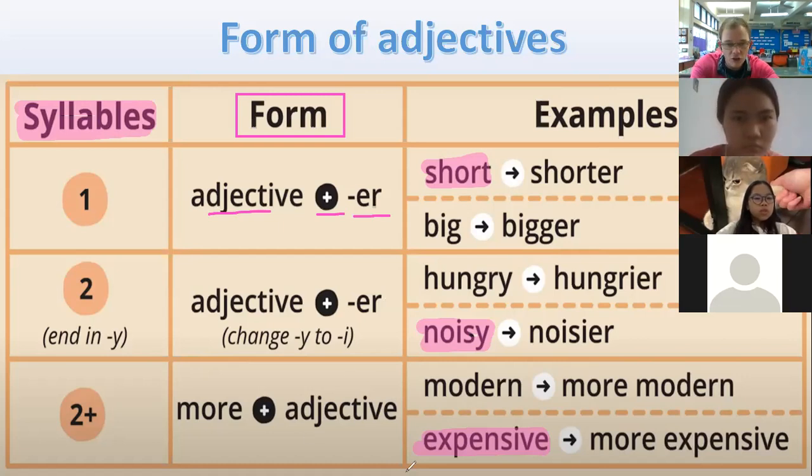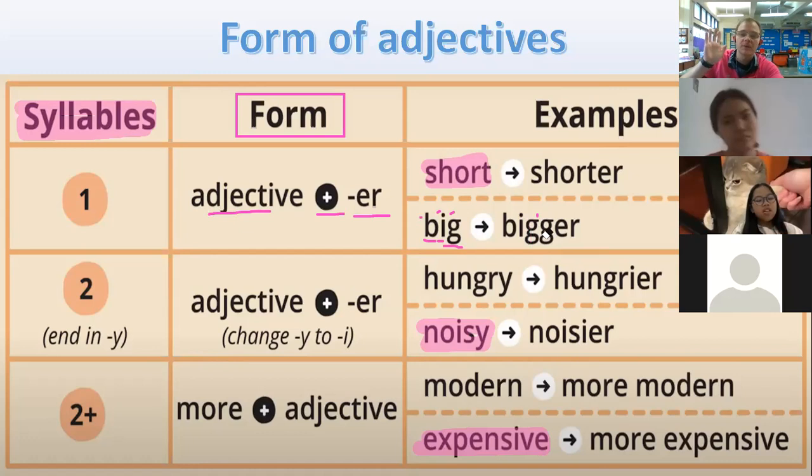If we have a consonant followed by a vowel, followed by a consonant, we add another consonant at the end. So it's going to be big, G-E-R, bigger. So if it has a consonant, vowel, consonant, we add the last consonant again plus ER. Now don't worry too much about it. We will practice and then you will see.